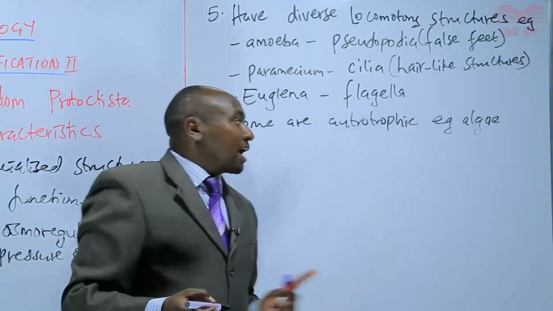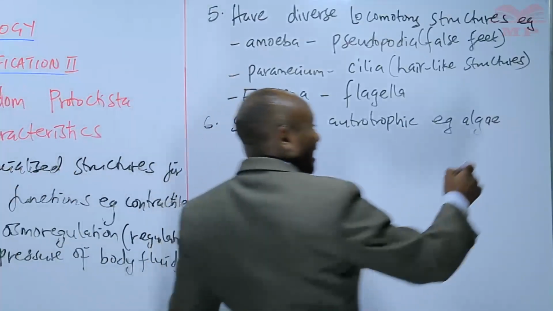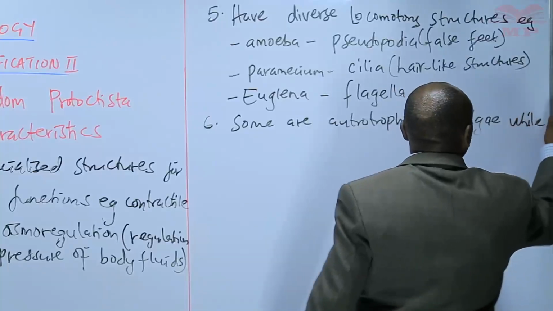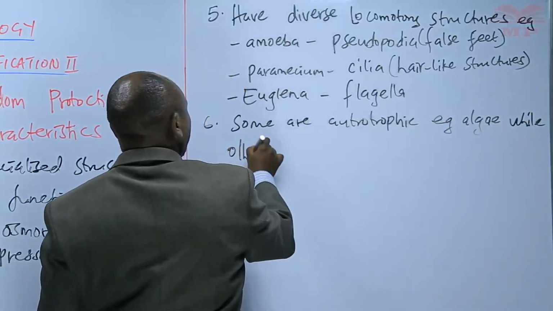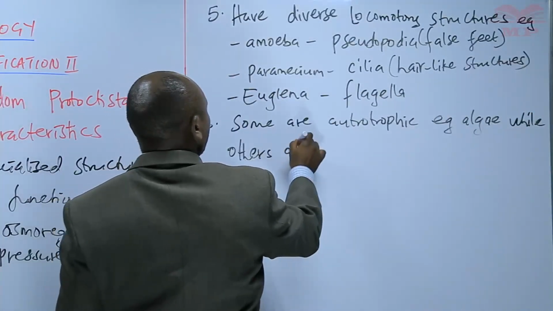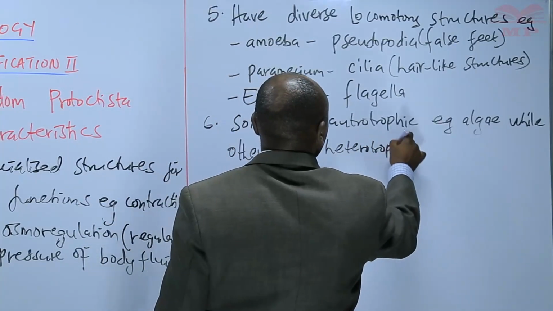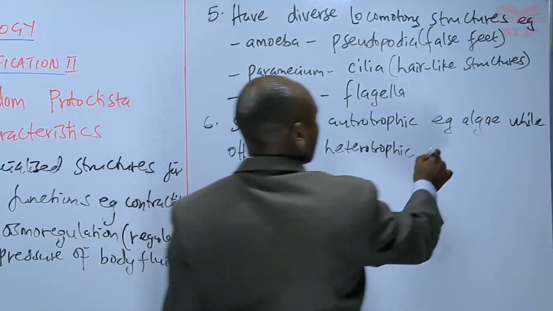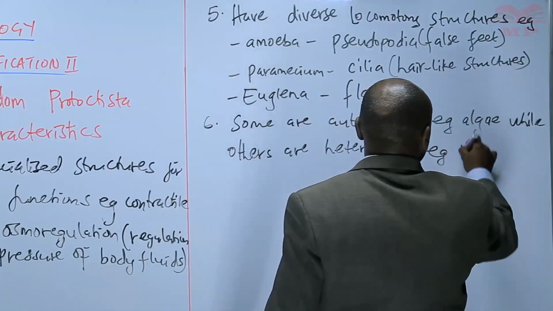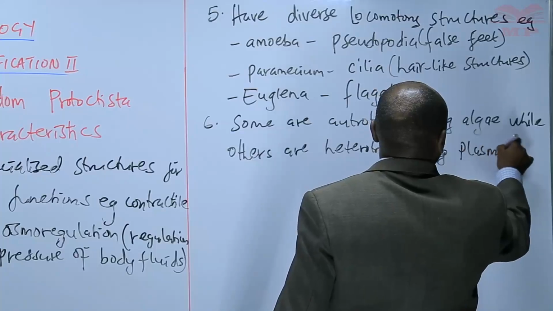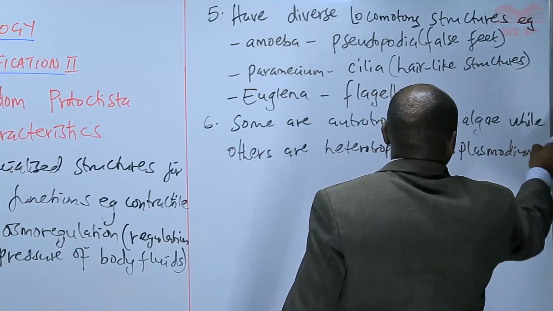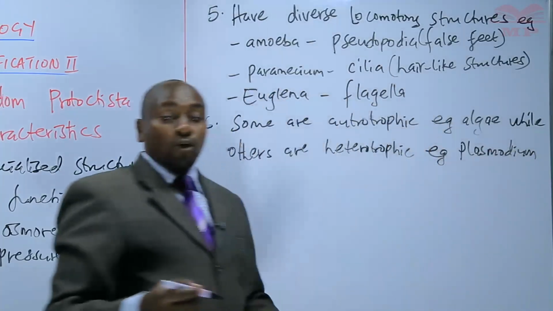So we say that they are autotrophic, while others are heterotrophic, e.g. something like a plasmodium. They cannot make their own food.